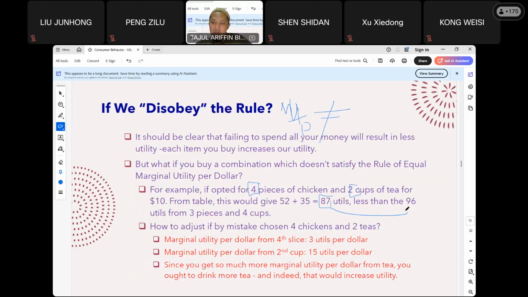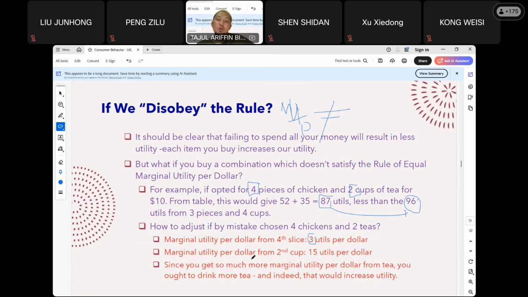Okay, now it will not bring the maximum. Let's say you have by mistake chosen 4 pieces of chicken and 2 cups of tea. How to rectify this? You look at the marginal utility per dollar from the 4th piece of chicken, only 3, very low.